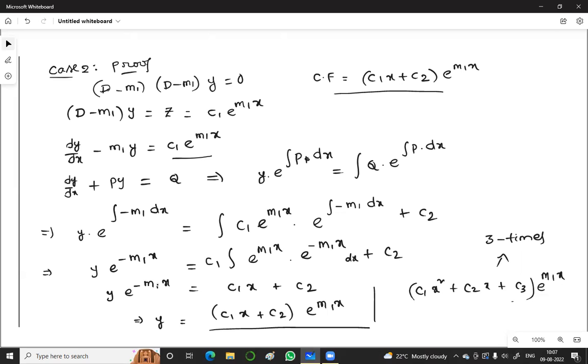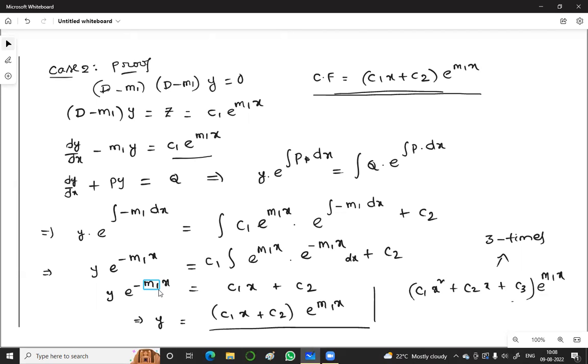But remember, however many roots or eigenvalues you got in the equation, that many arbitrary constants should come in the final equation, that is, the output or response or complementary function. This is the way we need to understand proofs. When you understand the proof for each case, you don't need to memorize formulas bluntly. This is how proofs come across in mathematics.